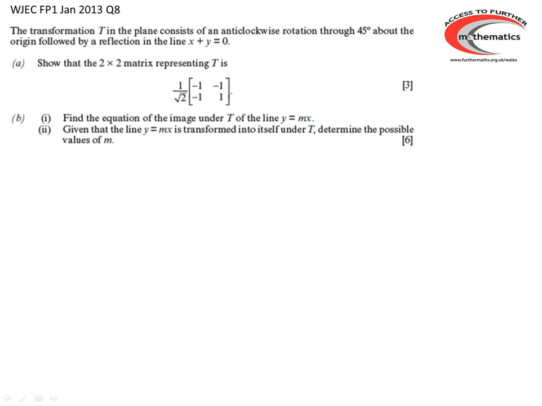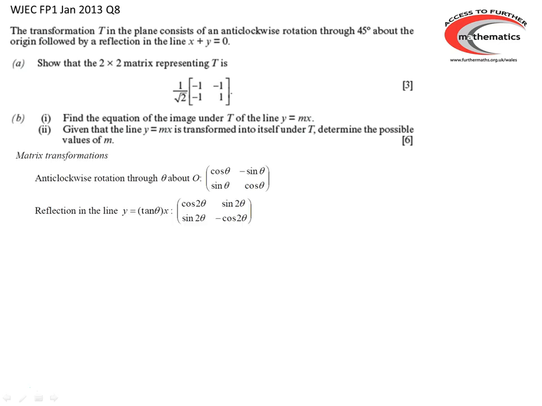So we have a transformation T consists of an anti-clockwise rotation through 45 degrees about the origin, followed by a reflection in the line x plus y equals 0. And the first thing we have to do is justify that the matrix T is the one given in the question.